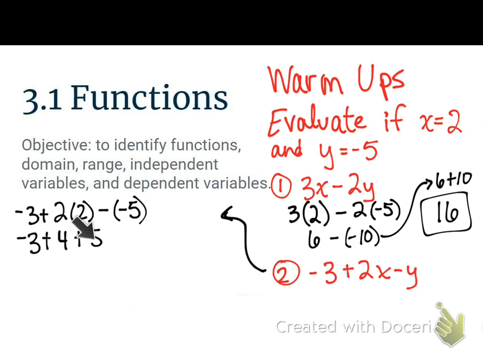Okay, so all that's left is addition. So typically we like to work left to right. So negative 3 plus 4 is 1. And then we add the 5 and we get 6. Questions about evaluating expressions? Anybody need more time on their warm-ups or their objective?